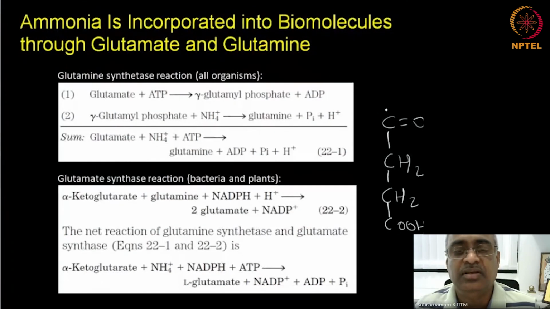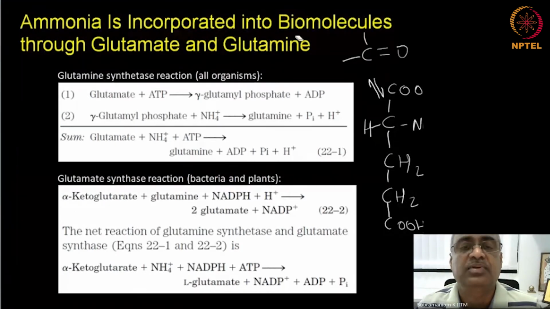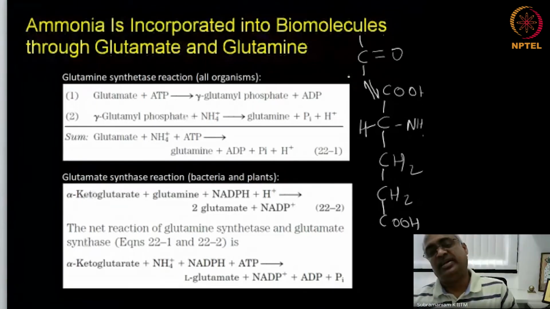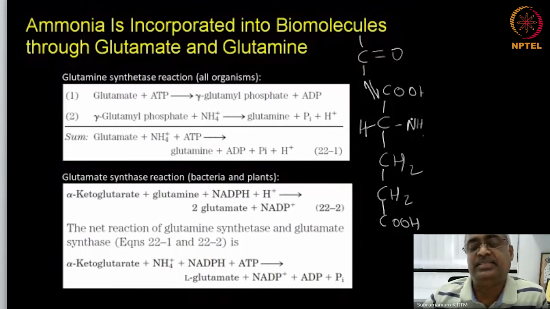Then you have a ketone and then this. So this will be alpha-ketoglutarate. Now this structure is converted into NH2 by a reversible reaction with another keto acid. So through transamination reaction, you have this. This conversion is what we call a transamination reaction.